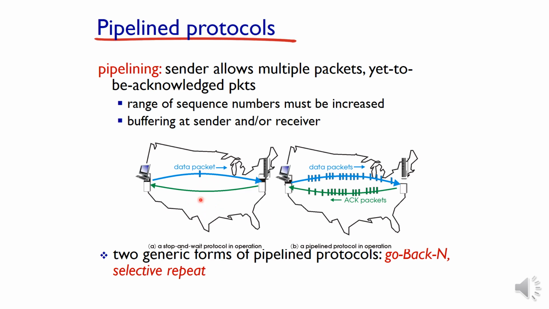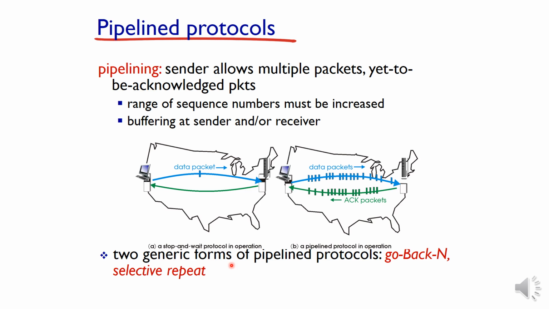This figure explains it: the left hand side is the stop and wait protocol and the right side is the pipelined protocol. Here the channel utilization is high because a lot of packets are moving in one direction and are yet to be acknowledged. In subsequent time delays, they will be acknowledged.